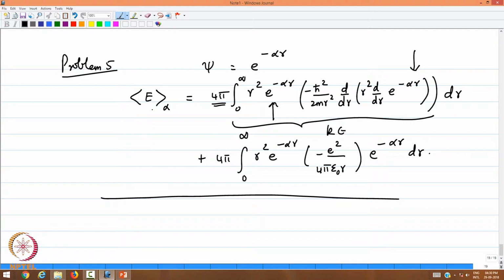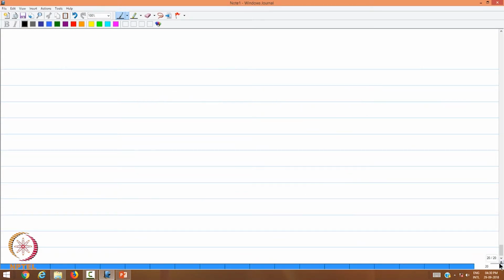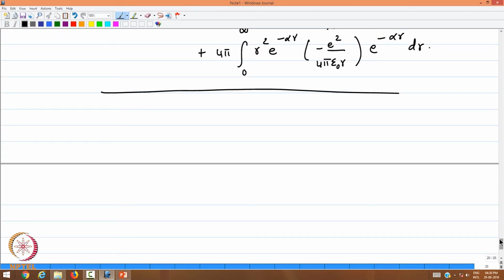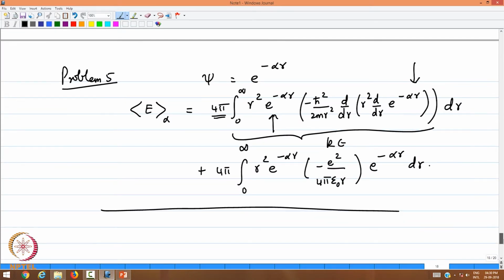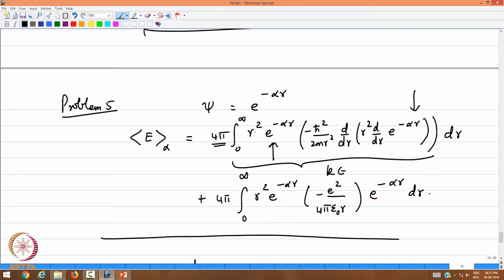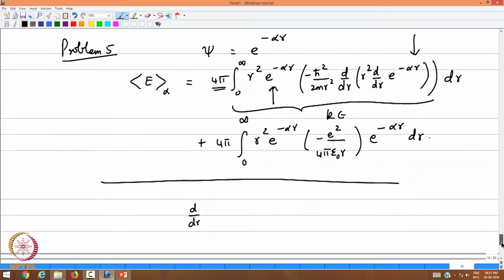In fact, you would see that once you calculate the E of alpha, I would only write 2 or 3 steps, because it is again a straightforward integration problem. So, you should be able to calculate this quantity. For example, 1 by r square d by dr. Let us leave the 1 by r square out, because that anyway gets cancelled with the r square part of the integral itself.